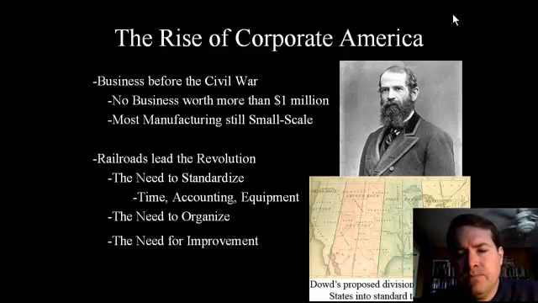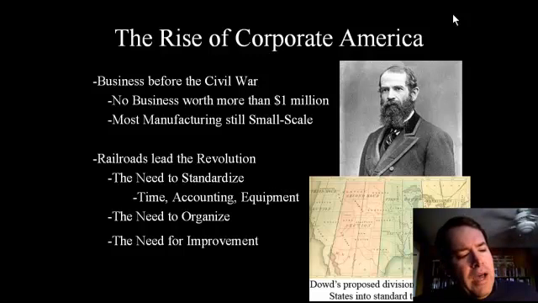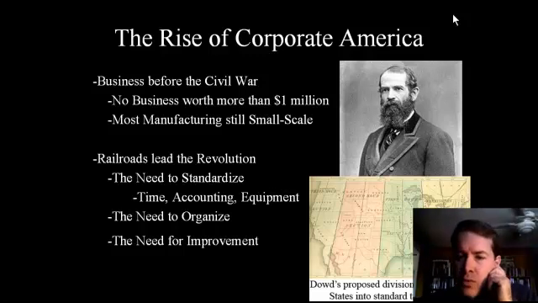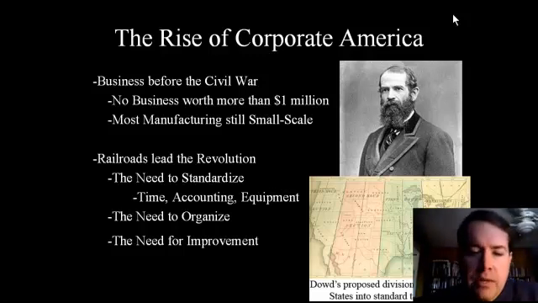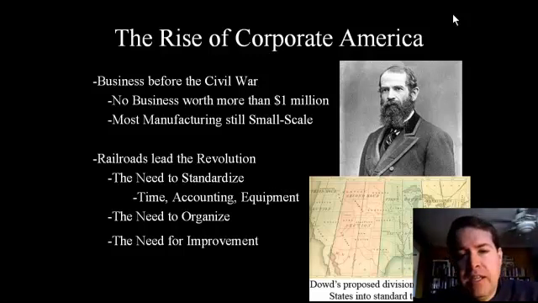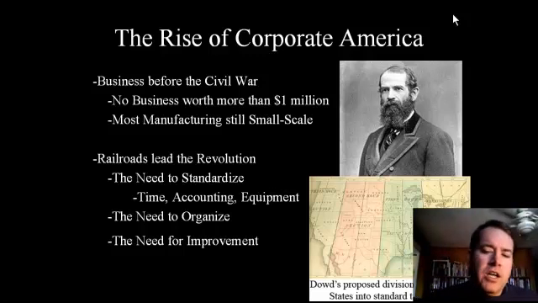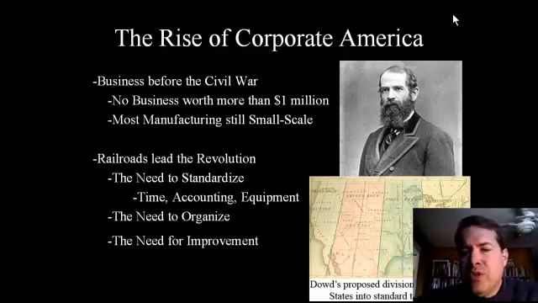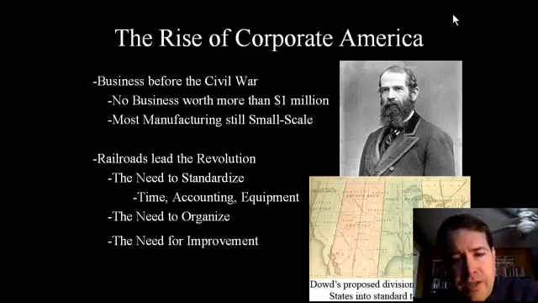At this time, large enterprises like railroad building are still done with personal assets. This is why banks play such a key role in the American economy today, but they play an even more important role in the late 1800s, especially in the 1870s, because there's really no concept of the publicly owned corporation.